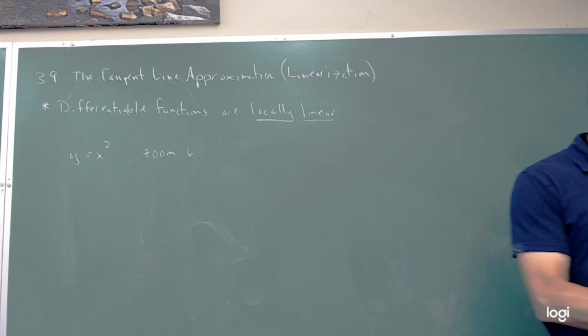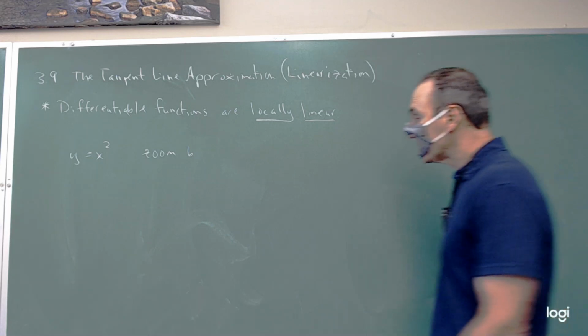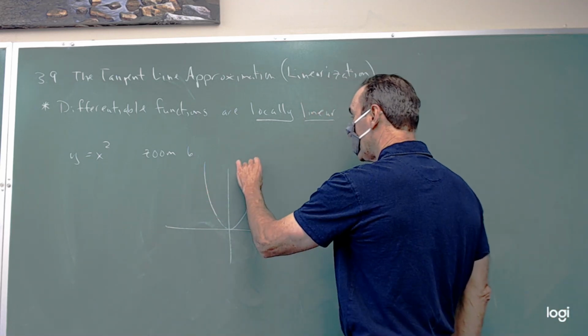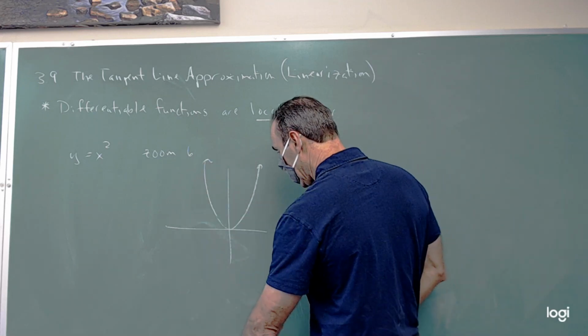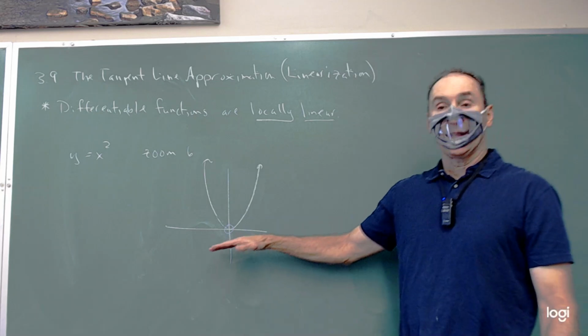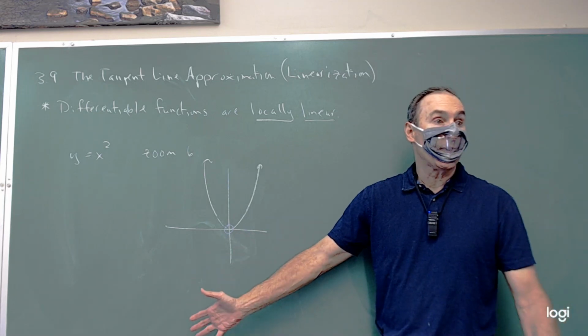But the idea is, even with this very curvy function, if we zoom in enough and look at a really small section, it looks a lot like a straight line.